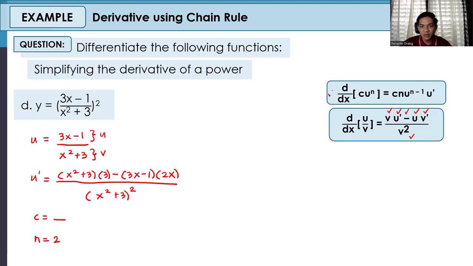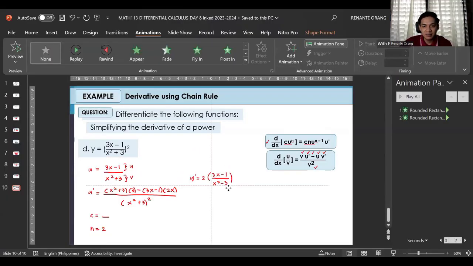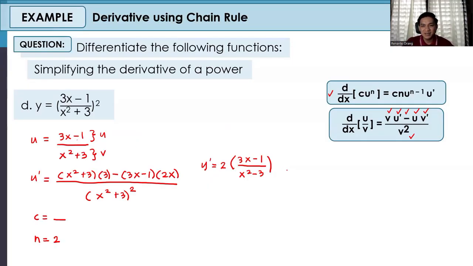Let us follow the formula. y prime is equivalent to, constant is none, n is 2, u is the one inside, which is 3x minus 1 divided by x squared plus 3. Let us put it below to fit. Next is our exponent, n minus 1, so 2 minus 1 is positive 1.